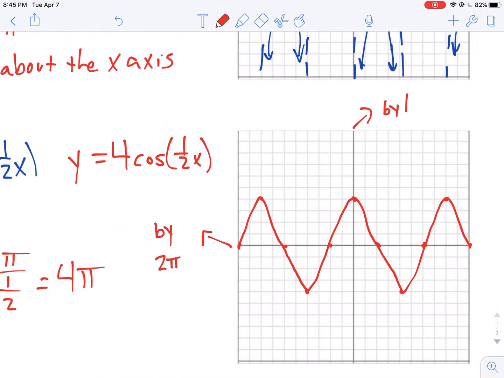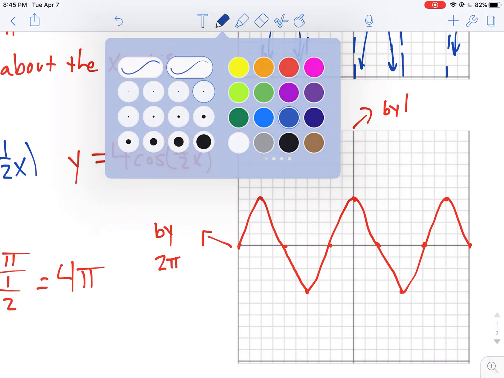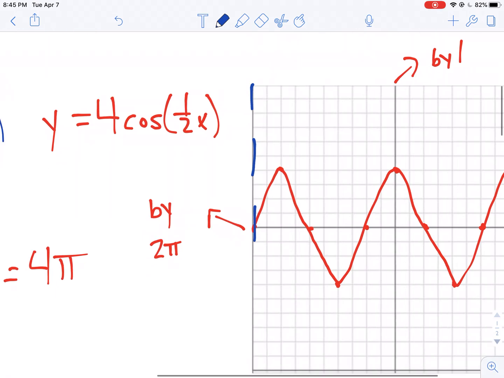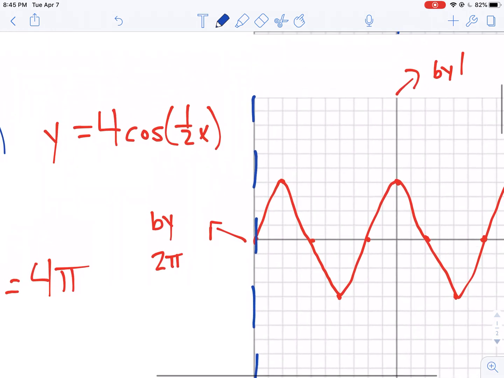Now this is the hard part. Graphing that cosinusoidal wave based on the amplitude of 4 and that period of 4 pi is the hardest part, because now all I have to do is yet again go through and draw my vertical asymptotes wherever this is 0.